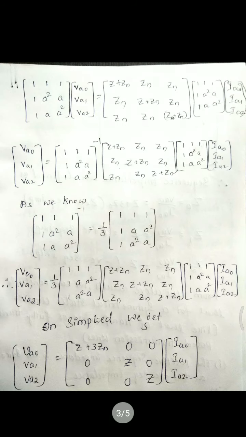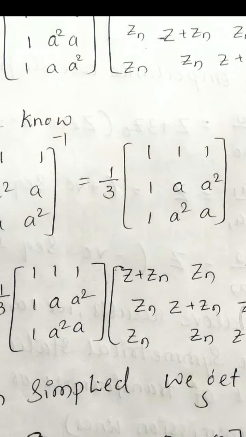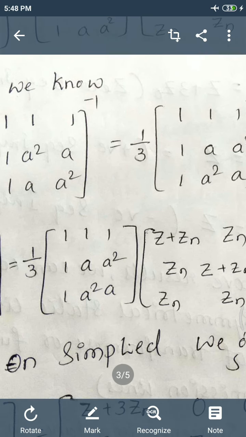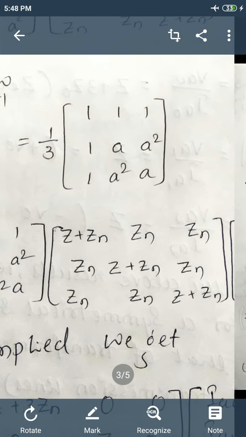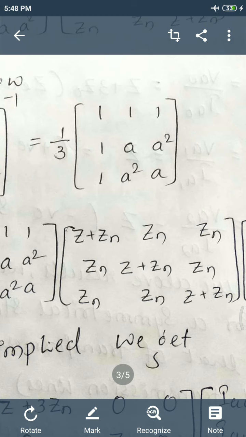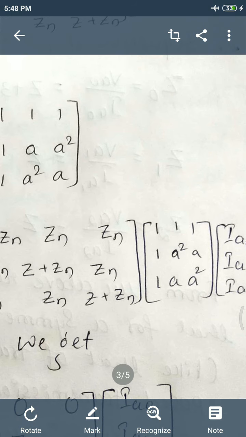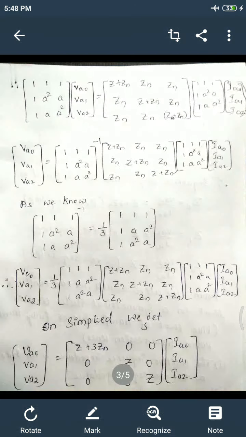On simplifying these equations, the entire multiplication of the matrix 1 1 1, 1 a square a, 1 a a square, into the matrix Z plus Zn, Zn, Zn and so on, and this matrix along with 1 1 1, 1 a a square, 1 a square a.